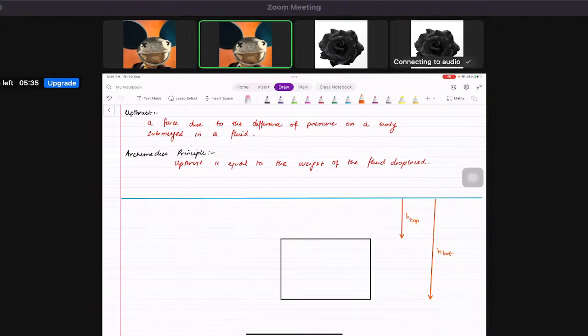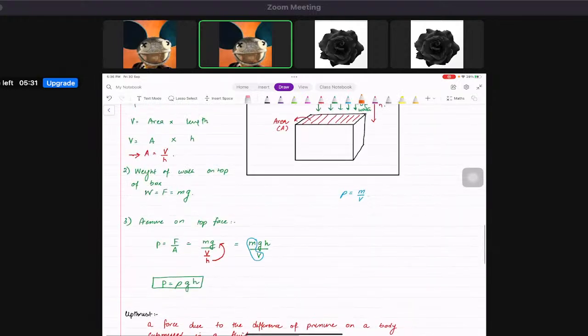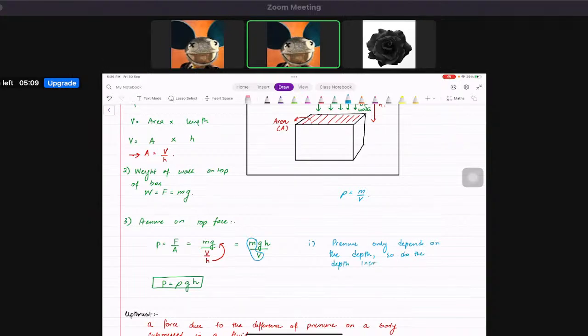Now, previously in this equation, what we learned was that pressure only depends on the depth. As the depth increases, so does the pressure.